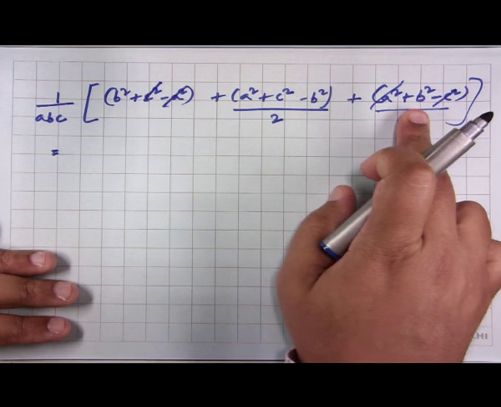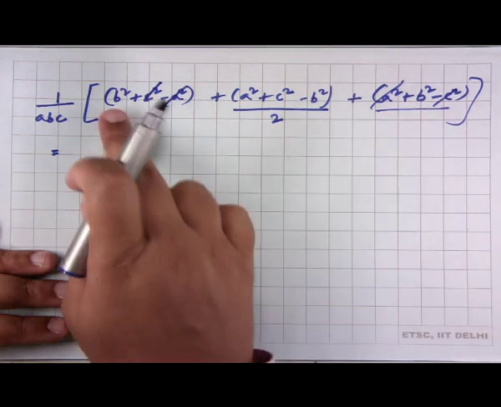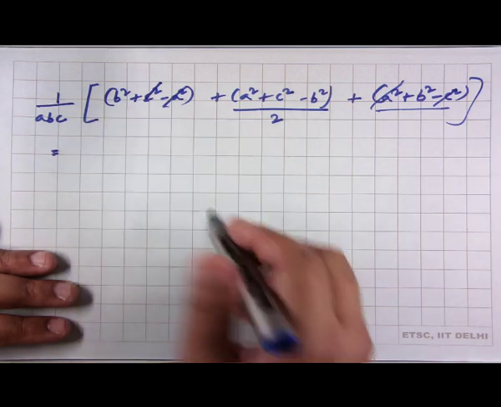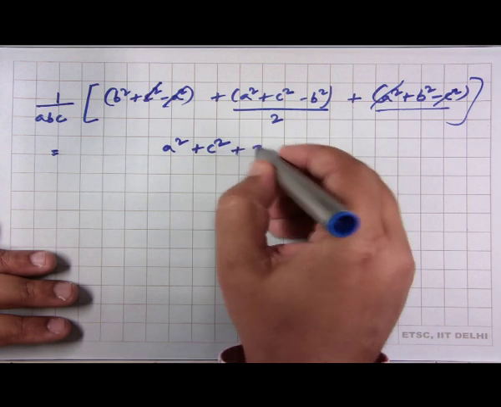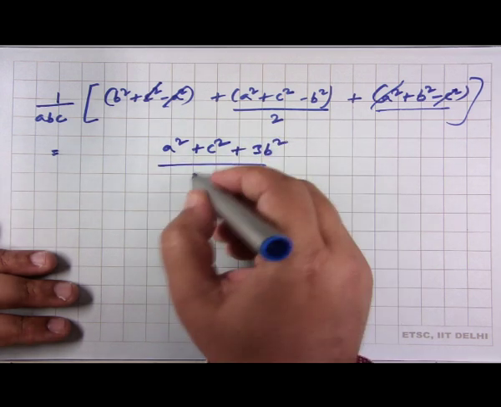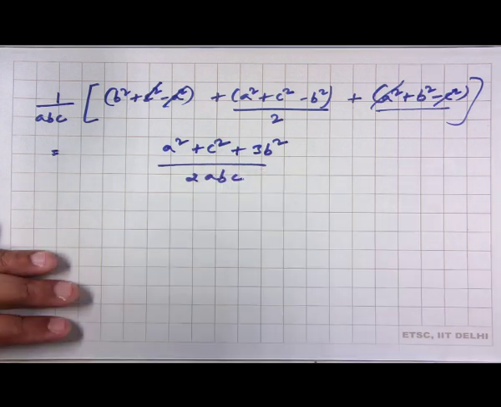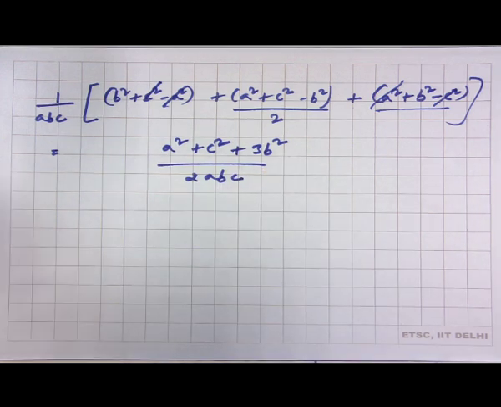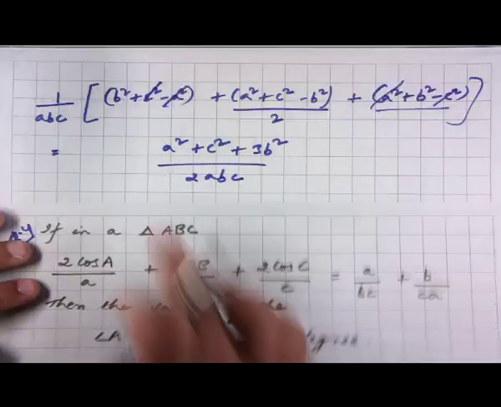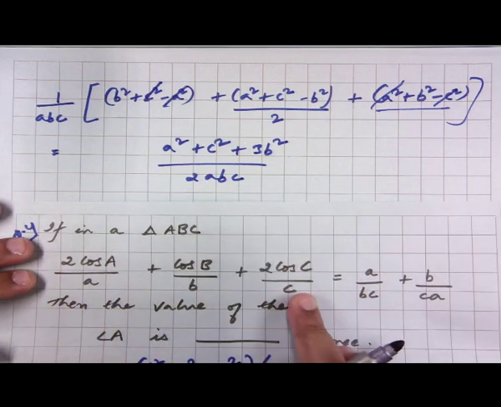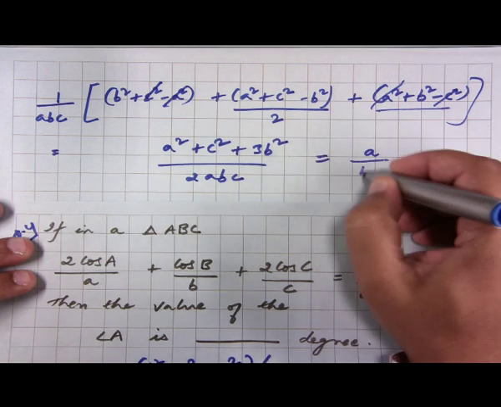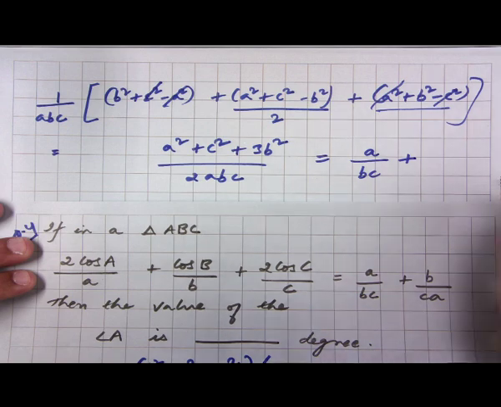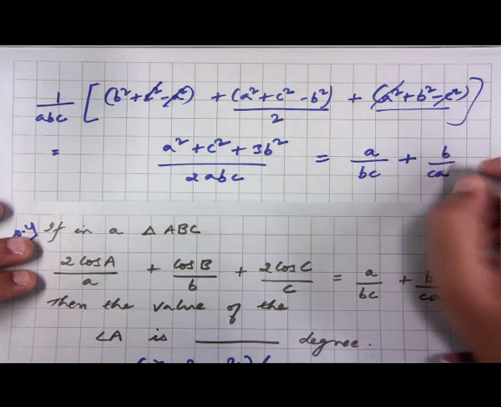So, B square here and B square here. So, what we eventually get is A square plus C square plus 3B square over 2ABC. And what we have computed now is just the left hand side, and it was mentioned in the question that this is equal to A by BC plus B by CA.